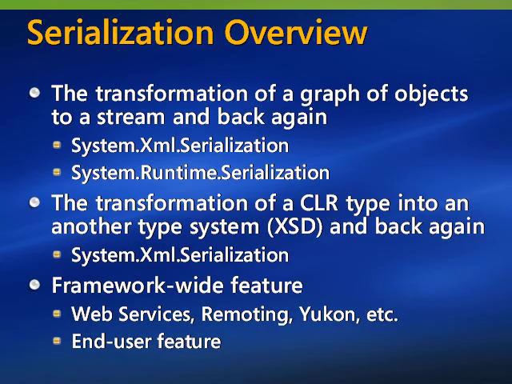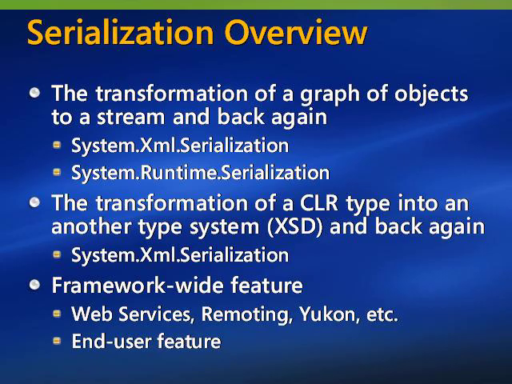Another thing that serialization does, other than transforming objects into a stream and then back again, is also taking a CLR type definition and transforming it into a type definition in another type system. A great example of this is when you take a CLR type and you create a schema for it, an XSD for it.